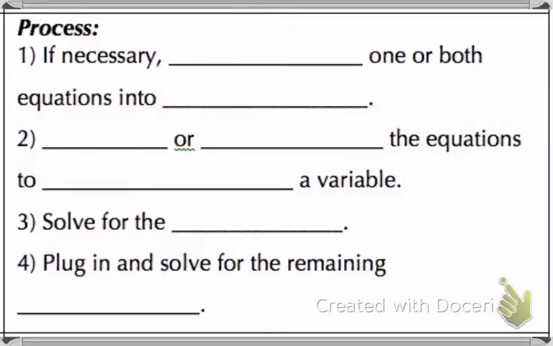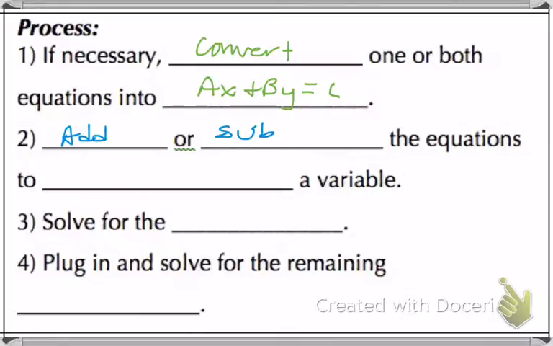So process, if necessary, convert one or both equations into that standard form. And then here, the cool thing about this one is that we get to add or subtract the equations to eliminate a variable.